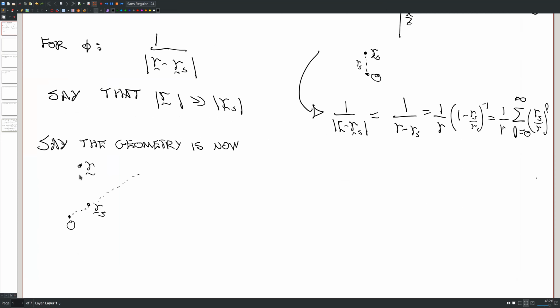And if I was to take this axis and just rotate around it, the value that I would measure for the potential would be unchanged, because my distance to the point does not change under the rotation. Right?